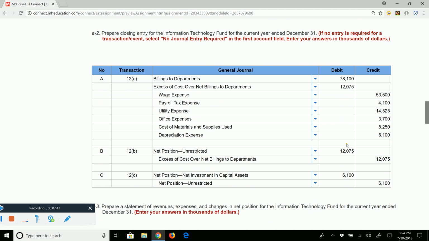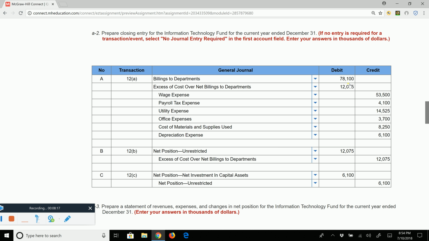And then the closing entry for the year. Let me show you how the closing entries work. When we are dealing with a proprietary fund, I'm going to close out our revenues with a debit. We will close out our expenses with credits. And the difference between the debits and the credits, whatever is needed to balance the journal entry, we're going to use this account called excess of cost over billings, or maybe it's excess of billings over costs.